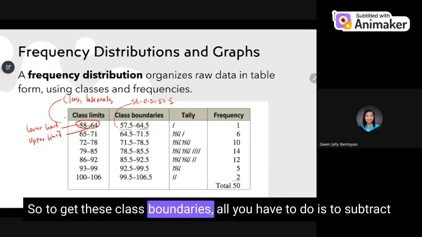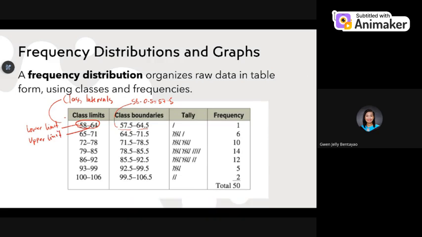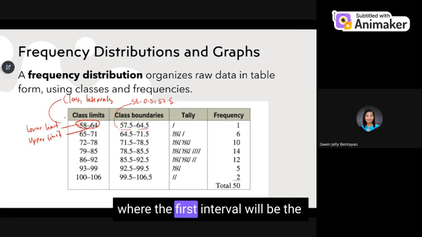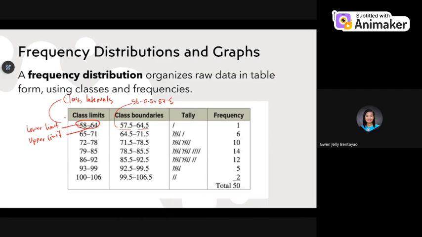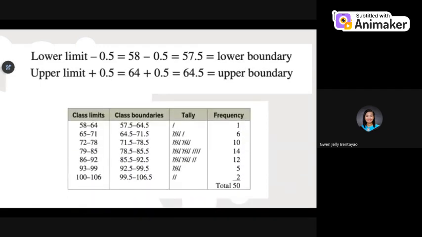To get these class boundaries, all you have to do is subtract 0.5 from the lower limit and add 0.5 to the upper limit. One way to understand class boundaries is that it is where the first interval meets the next interval. So you can see there. Now, this is the formula that we have, and here's the example as well.